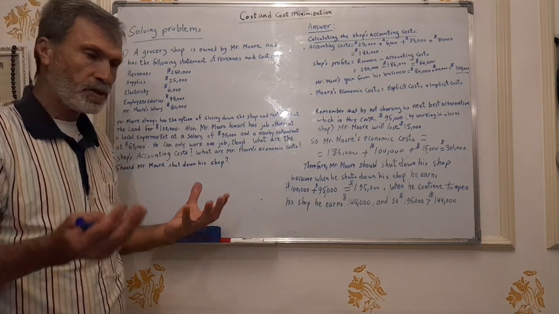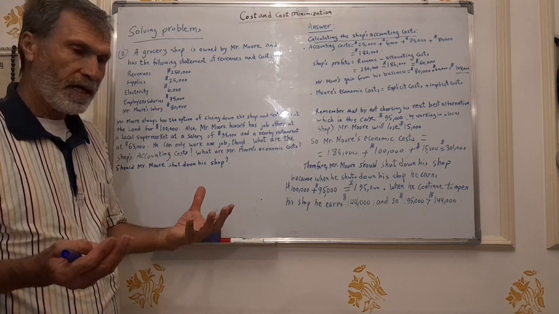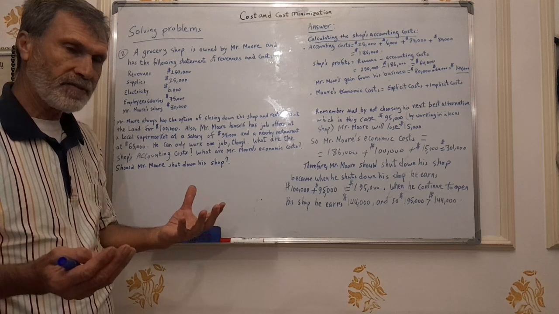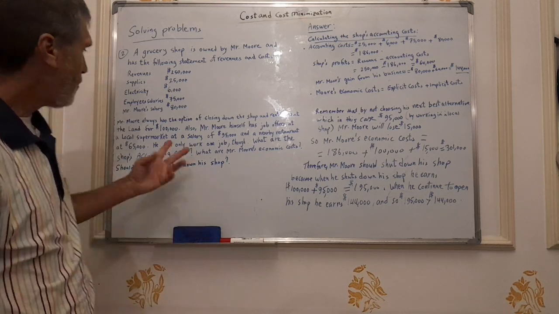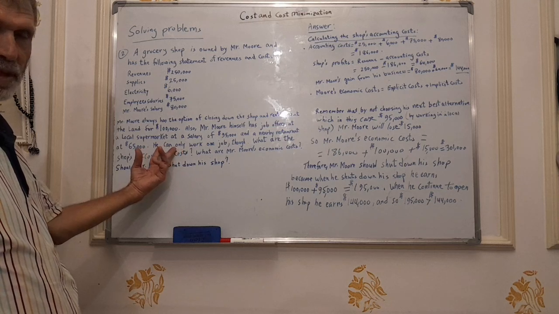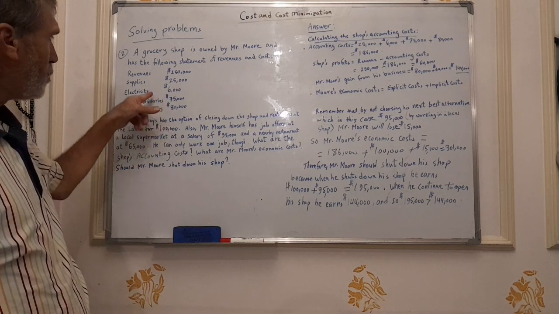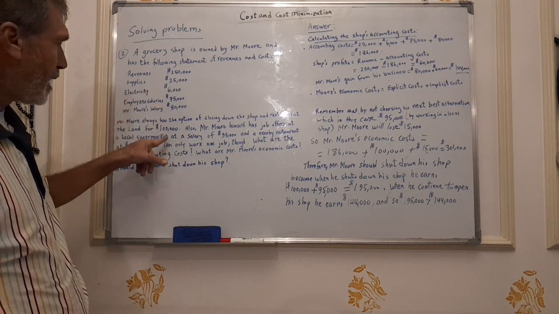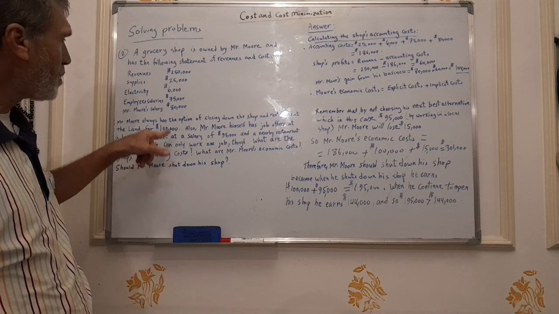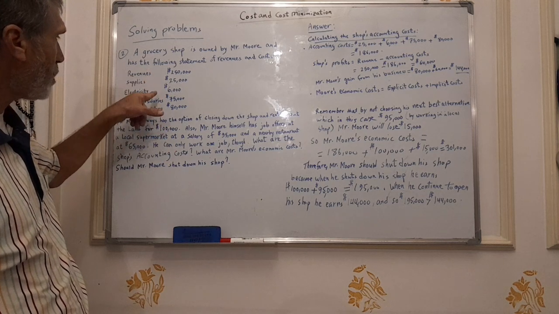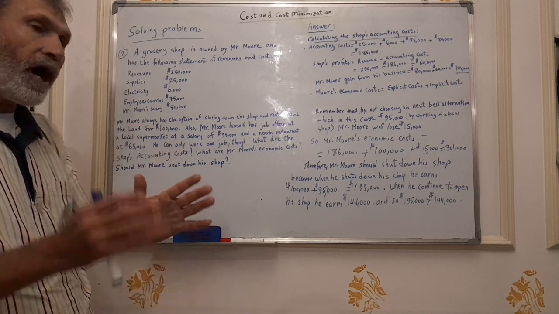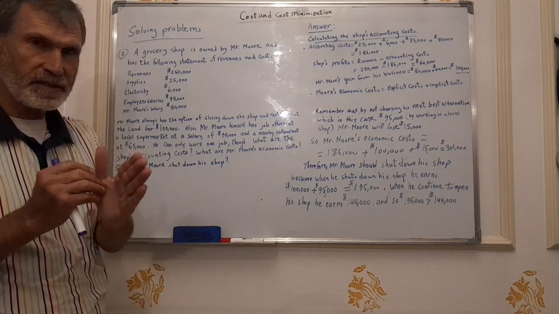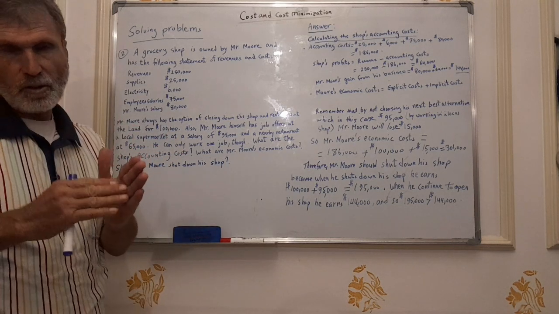Remember, the opportunity cost of a certain alternative is the highest valued alternative foregone. Now we have two alternatives over here, okay? What is the opportunity cost of continuing to work in his shop? It is the highest valued alternative forfeited or foregone.